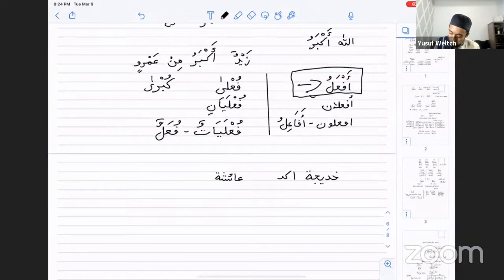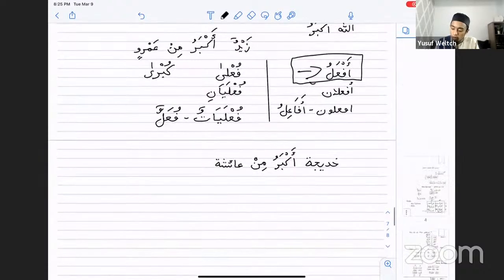Khadija Akbaru min Aisha. So if you're comparing, there's no need to match genders. You don't say Khadija Kubra min Aisha, because Kubra is only as a quality, that Khadija is the greatest, Khadija al-Kubra. But you wouldn't use Kubra or any of the others as a comparison to something else. If you're comparing, it's Akbaru min. And you can use any word.